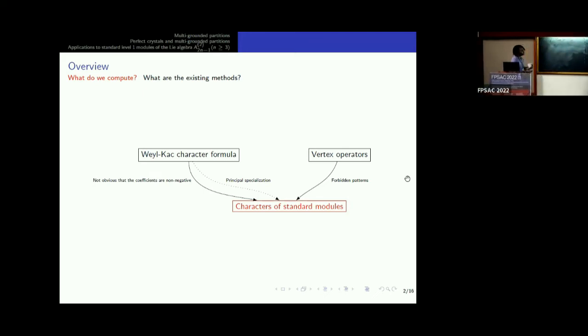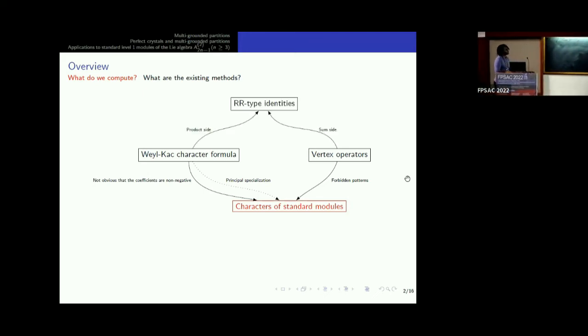Why is this interesting? It's because by doing these two methods, we can have Rogers-Ramanujan type identities. The product side of the Rogers-Ramanujan type identity you can have by using the principal specialization, and the sum side is obtained by doing the vertex operator.